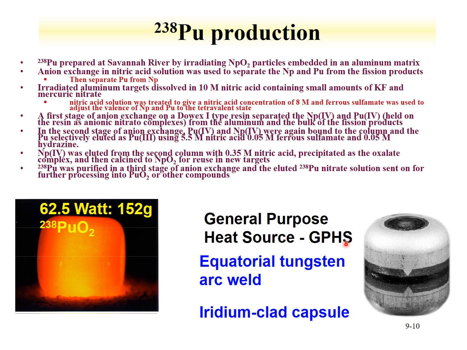These are then welded into containers, these tungsten iridium clad containers, and they can be used for either general purpose heat, or the heat is then used to produce electricity. These sources are called general purpose heat sources, since they can be used for a number of different applications.